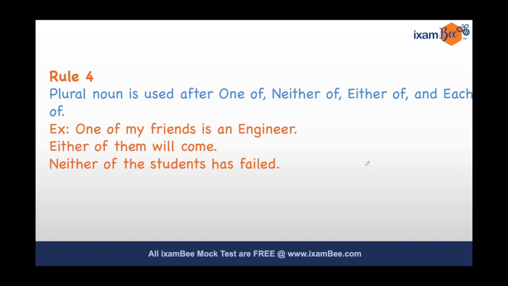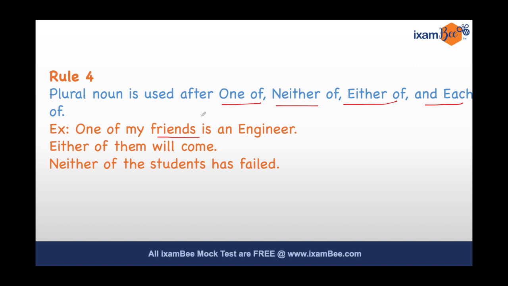Let's look at rule number 4. Plural noun is used after one of, neither of, either of, and each of. It is very important for you to remember this. So, whenever you are using one of in a sentence, you must use a plural noun. So, one of my friends.